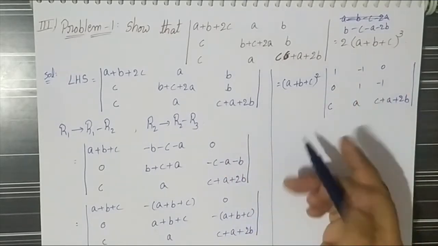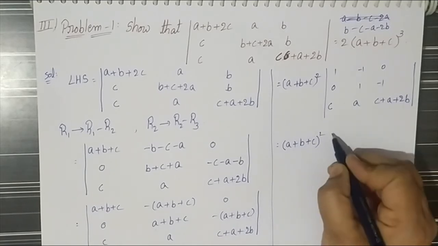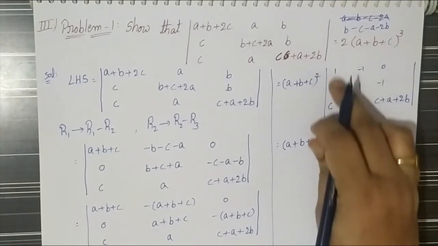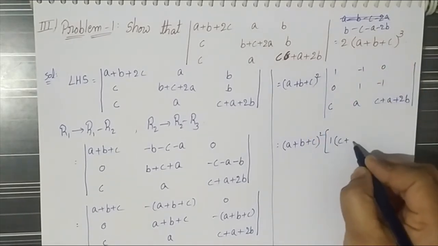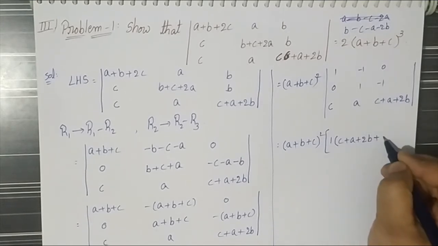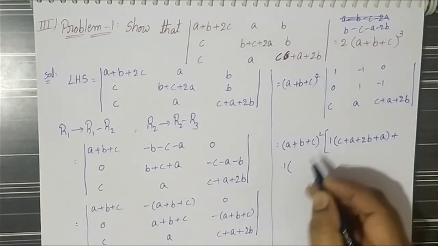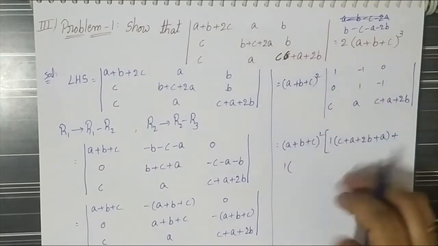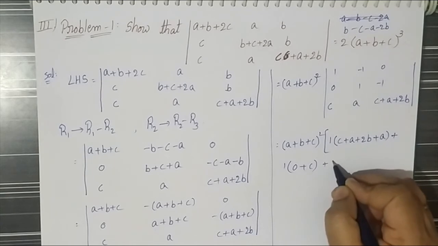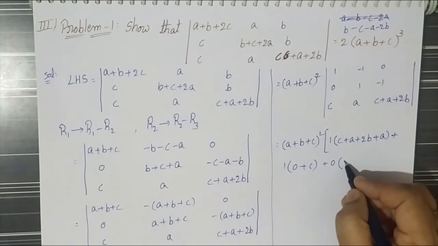Next we can split the determinant value, which equals (a+b+c)^2 times the same determinant. The determinant value is 1 into (c+a+2b minus (minus a)), minus into minus plus 1 into (second column first row) 0 plus c, plus 0 into (0 minus c).